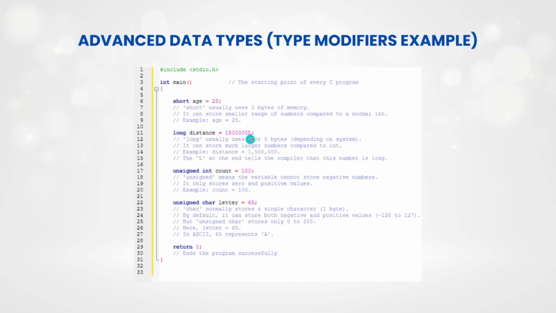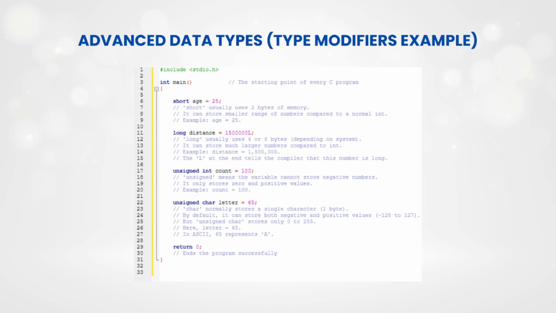You can see the L after the assignment operator, at the end, which tells the compiler that this number is long. That's what it says to our compiler. Unsigned int count. Unsigned means the variable cannot store negative numbers.